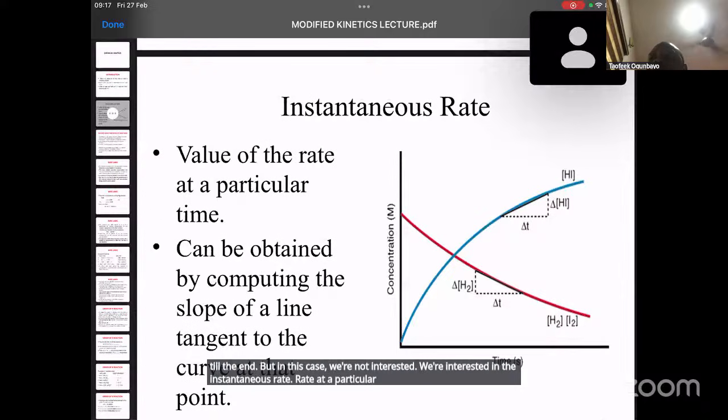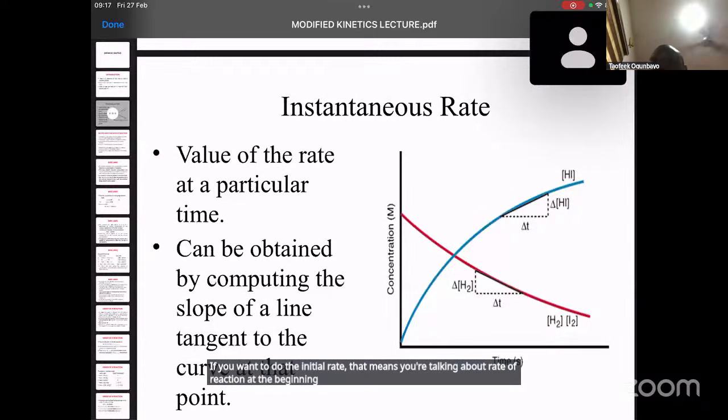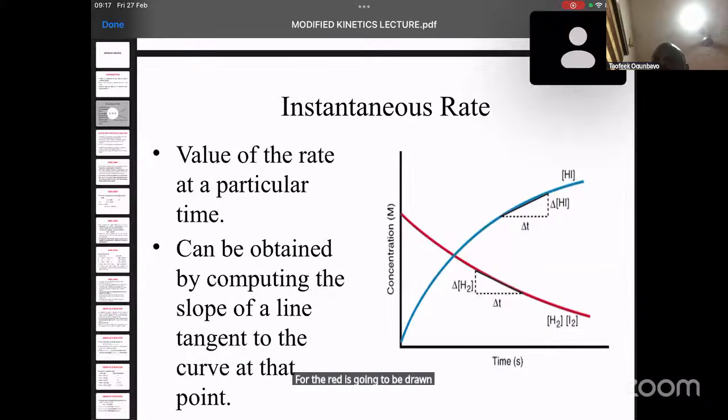And if it was at the beginning, there's something called the initial rate. If you want to do the initial rate, that means you're talking about rate of reaction at the beginning of the reaction. This tangent will be drawn at the beginning of the curve. For the red, it's going to be drawn at the top, while for the blue, it's going to be drawn at the bottom, because that is the instantaneous rate of reaction. That will be the initial rate of reaction.